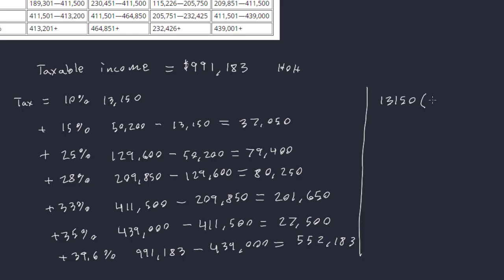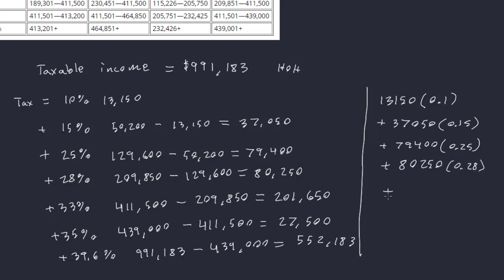It'll be 13,150 times 0.1 for the 10%, plus 37,050 times 0.15, plus 79,400 times 0.25, plus 80,250 times 0.28, plus 201,650 times 0.33, plus 27,500 times 0.35, and then plus the rest, 552,183 times 0.396.